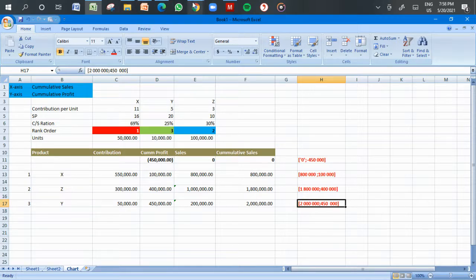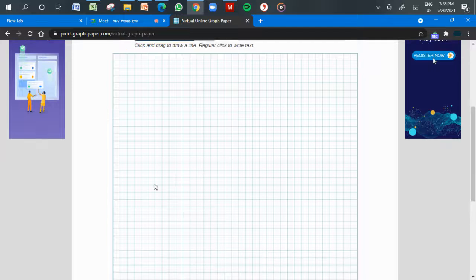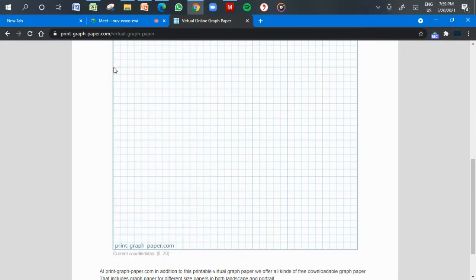So on our graph here, if we start from here, we'll be having 100, 200, 300, 400, 500. What about on this other side? It will be 0, 100, 200, 300, 400.